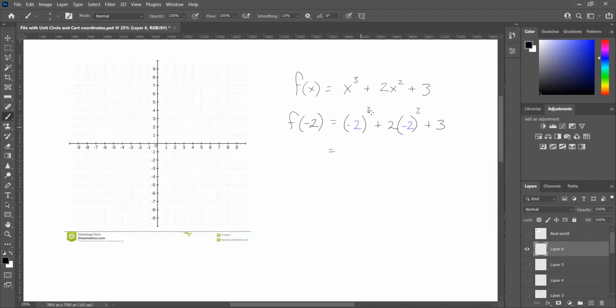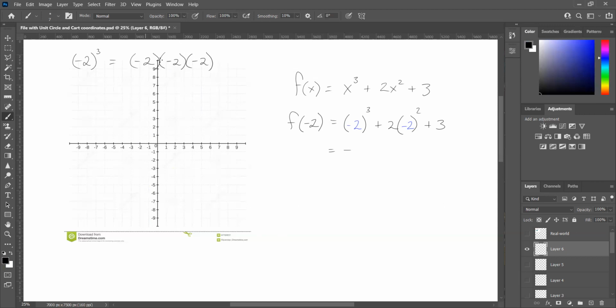And let's see what we get. -2 cubed. Let's see what that is, because we haven't spent a whole lot of time talking about that. -2 cubed is the same thing as -2 times -2 times -2. Well, a negative times a negative is positive. We know that one. And that positive times this third negative gives us a negative.